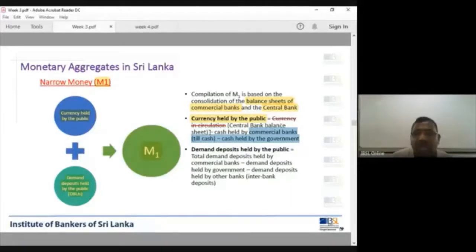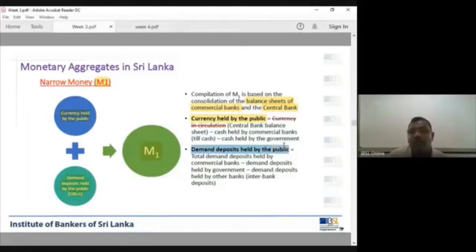Usually you call it till cash. Bankers know, in commercial banks, in their vaults, in their drawers, they have money for their daily needs. You call it till cash. That till cash is adjusted from the total currency, and that's how you arrive at currency held by the public.